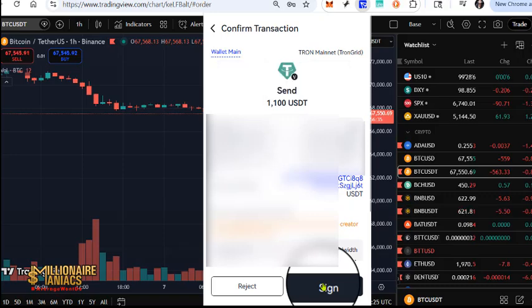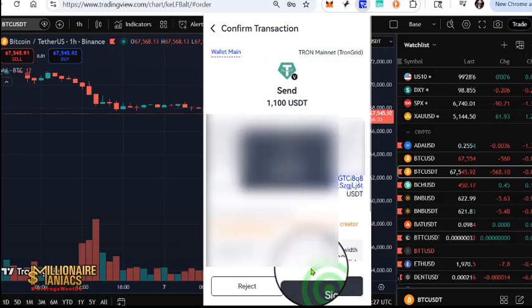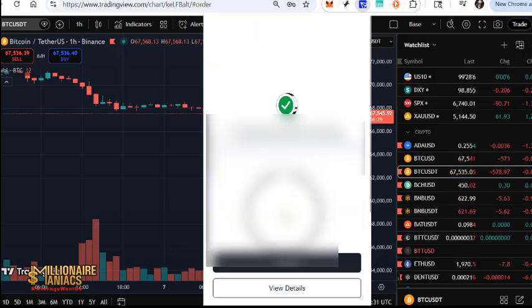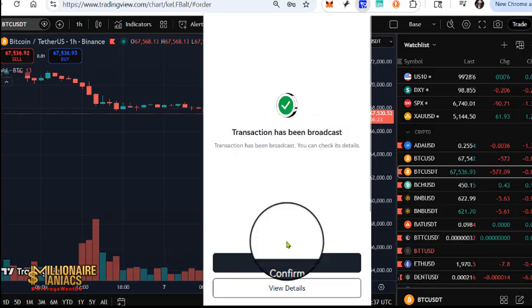And sign. All right, so I'm sending this USDT from my DSJ withdrawal over to HTX. So I'm just going to give that a minute to go over, and then we'll continue.